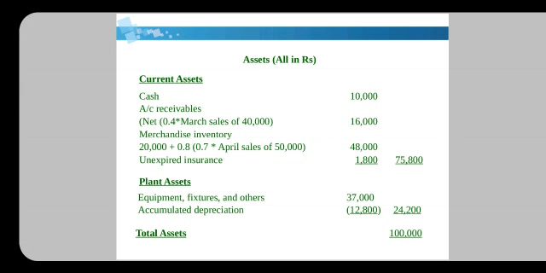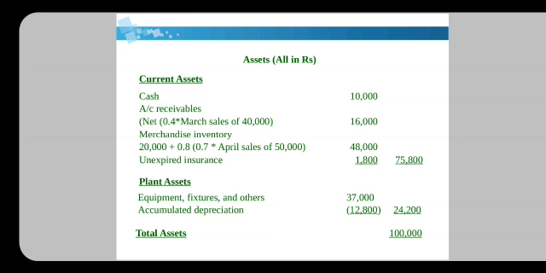So this is the information that we have with us. All asset values are in rupees. The current assets are: cash is 10,000; accounts receivable, which will be 0.4 of March sales of 40,000, written in bracket, which is 16,000; merchandise inventory, that is 20,000 plus 0.8 into 70% of April sales of 50,000, that is 48,000; unexpired insurance is 1,800.